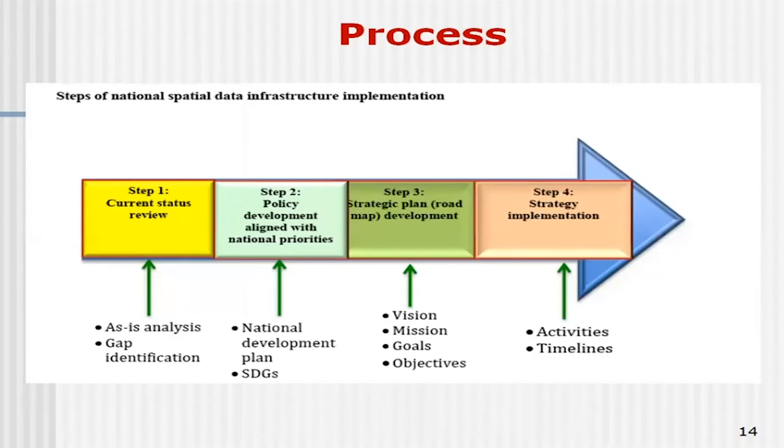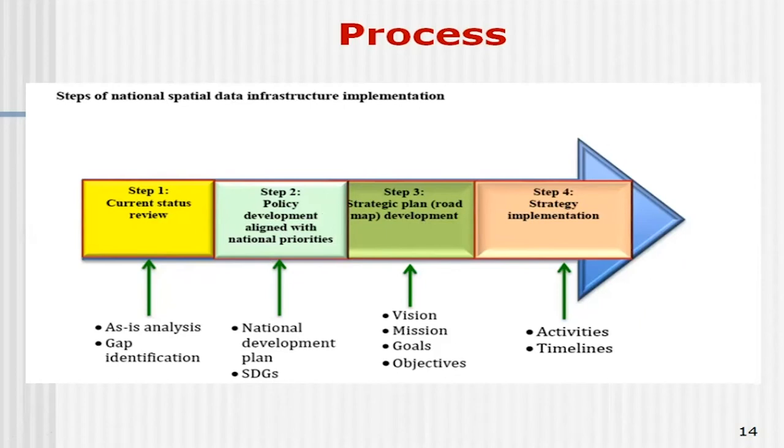The steps of the process presented in the guide are similar to the one presented in IGF: look at the current status and review, policy development aligned with national priorities, strategic plan, and step 4, the strategy implementation.